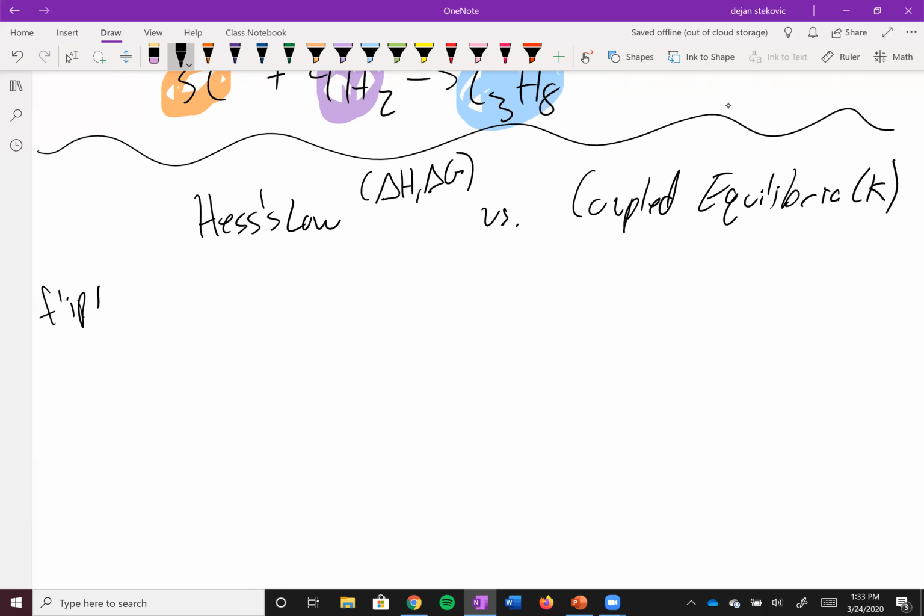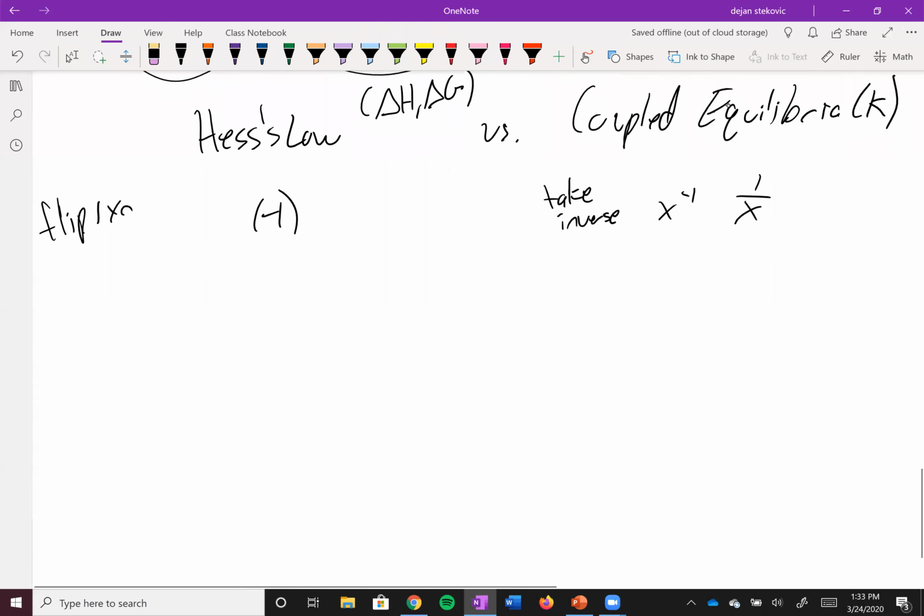We flip reactions. For the delta H, delta G stuff, you multiply by -1. For the coupled reactions, you take the inverse, right? So raise whatever your equation is to the -1, or put it 1 over itself, right? Whereas here we just multiply by -1.